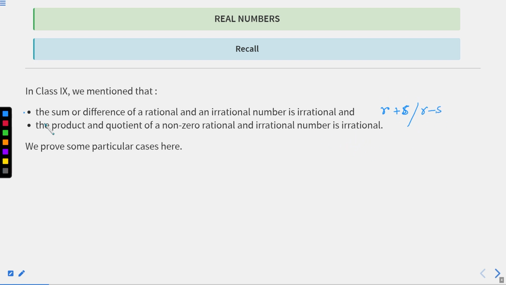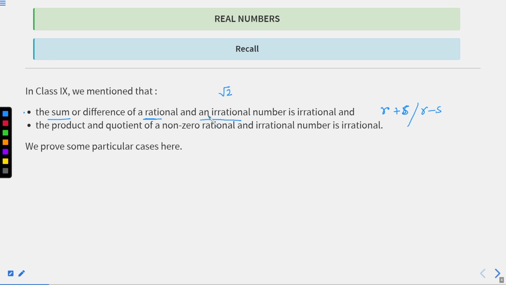So the sum or difference of a rational number and an irrational number is an irrational number. This is a very important property for all of you. Suppose you are given the irrational number root 2.